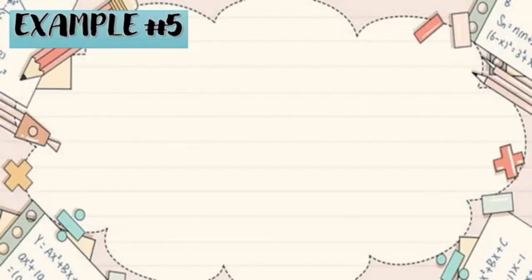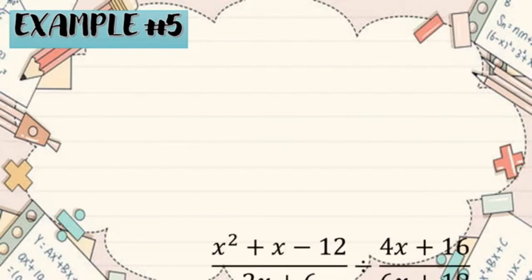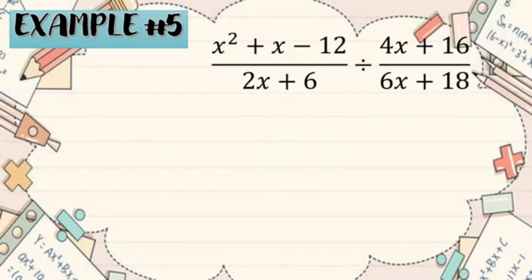Now let's proceed to example number 5. x squared plus x minus 12 over 2x plus 6, divided by 4x plus 16 over 6x plus 18. So again, we're going to identify first what factoring technique we are going to apply in each expression. Let's have first x squared plus x minus 12.